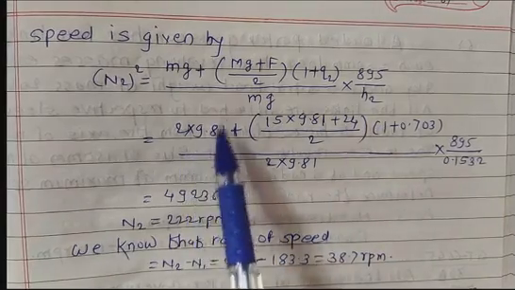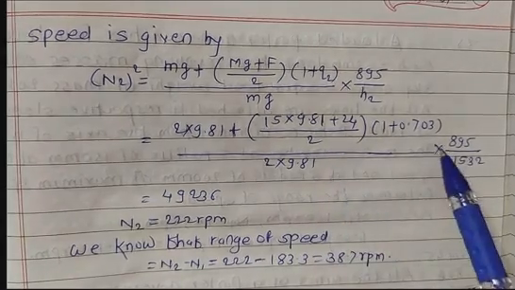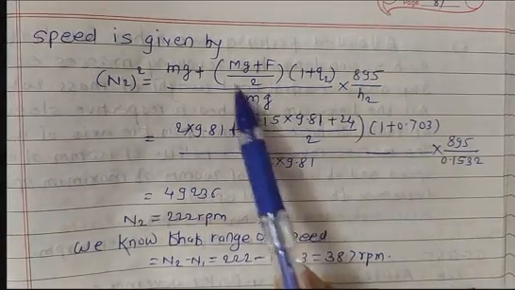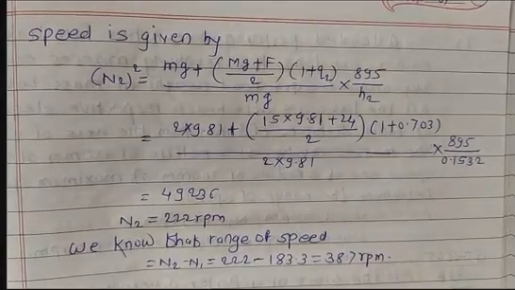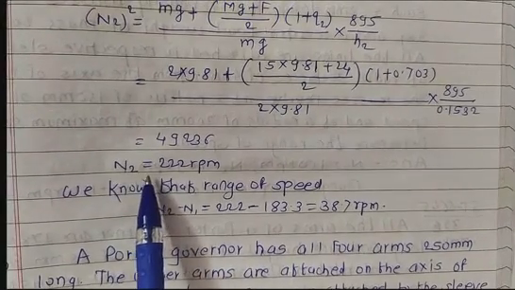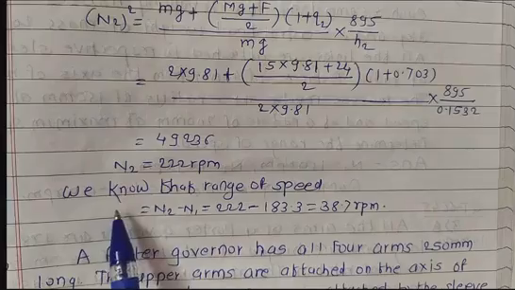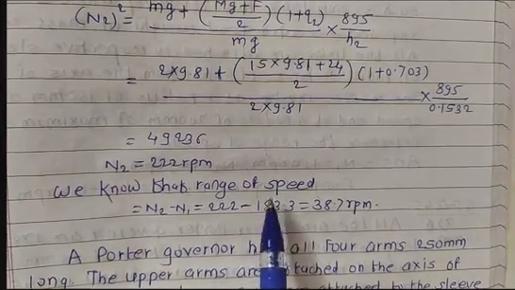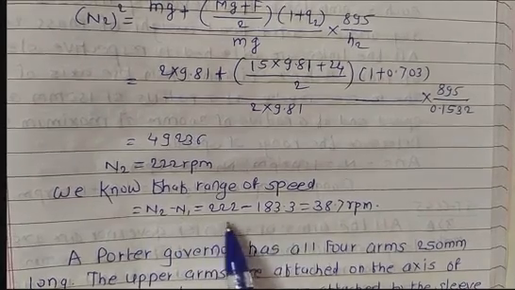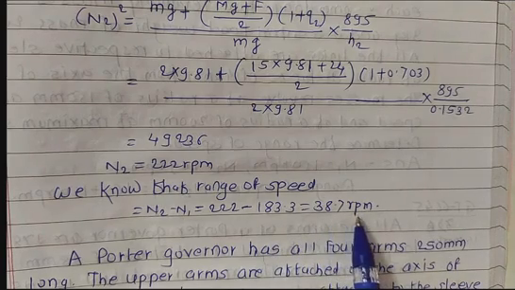Substitute the various terms in this way and do the calculations. Here the Q2 value is substituted, and all the values are substituted. So we get N2 equals 222 RPM, and we know the speed range is nothing but N2 minus N1. So the speed range is 38.7 RPM.